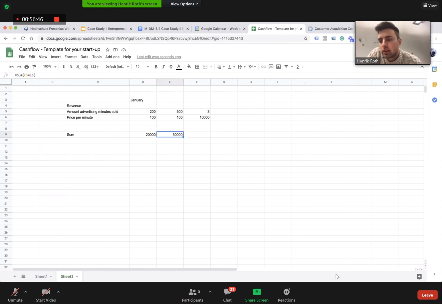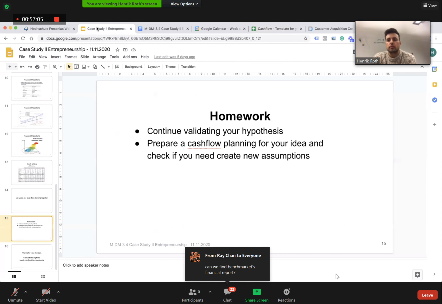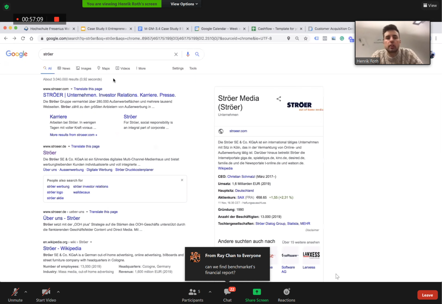Yeah, it's about looking on the internet. Google knows everything. I would just look up some benchmark numbers for what you want to find out. All right, cool. Yeah, that's what I said.